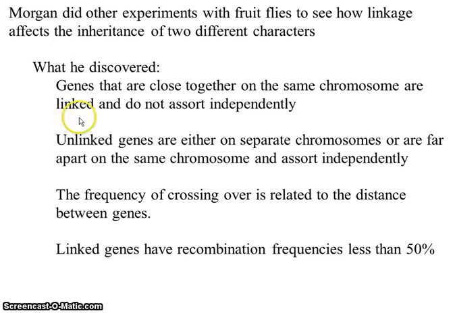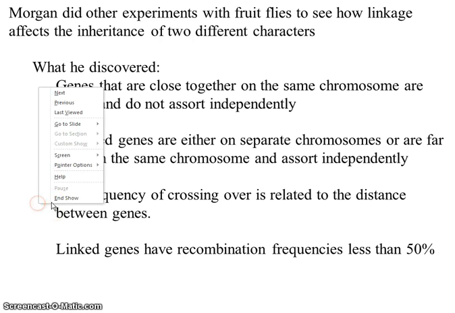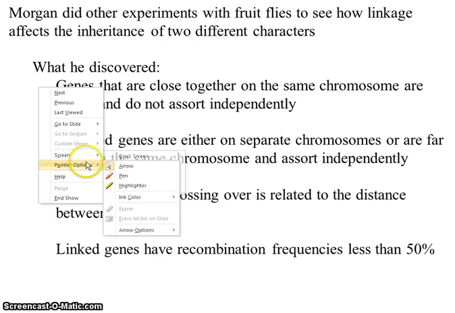He did several other things to look at linkage. He discovered that genes that were close together on the same chromosome are linked and do not assort independently. Unlinked genes are either on separate chromosomes or far apart, and they assort independently. Their frequency of crossing over is related to the distance, which makes sense.